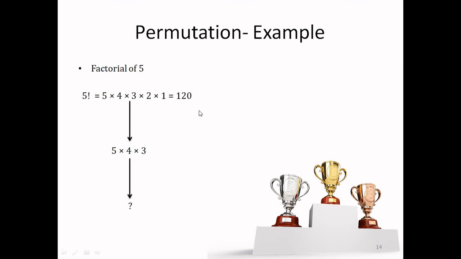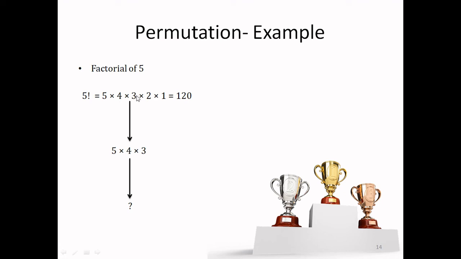But we only require the part till 3, that is 5 cross 4 cross 3. So what changes are required to get that? 5 factorial will give us 120, but for this example we need 60. We need to stop the product over here.